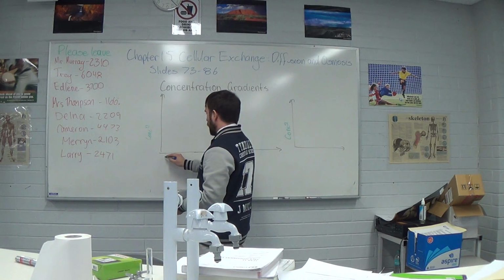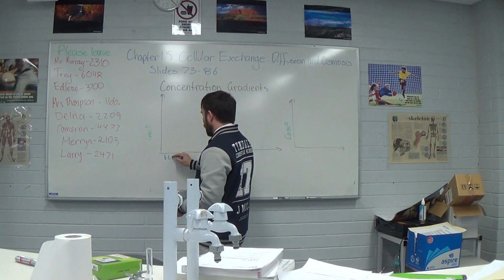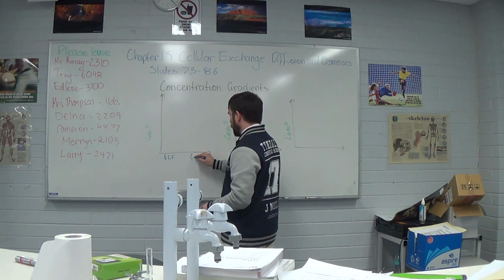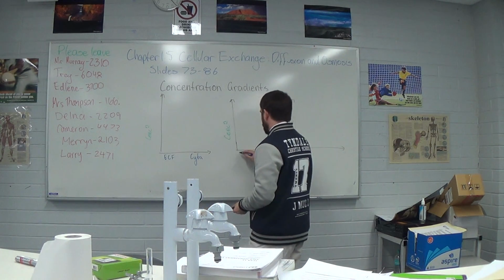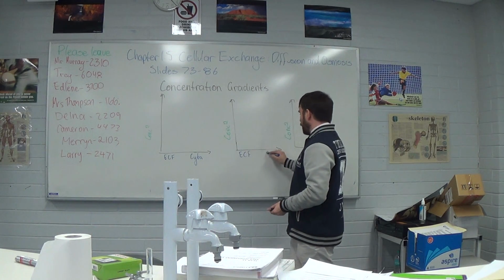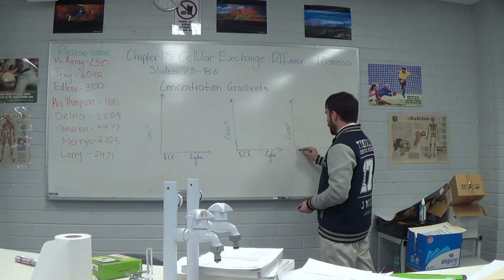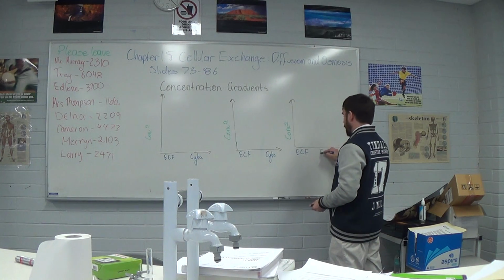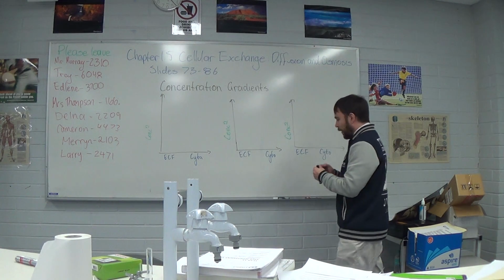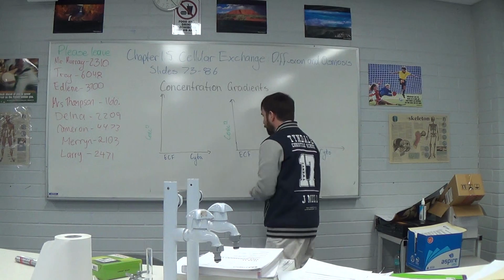So we'll say ECF for extracellular fluid, and then cytoplasm. So we have 3 different cells found in different places in the body. Doesn't really matter where for the moment, but they're found in 3 different places.